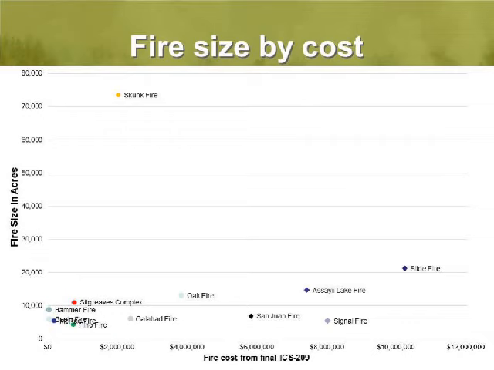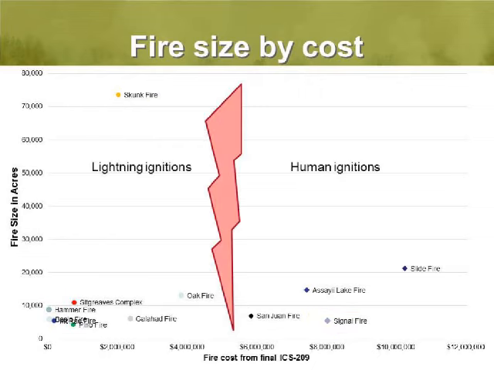We see things like the Skunk Fire burning a lot of acres and not costing nearly as much, and other fires like the Signal Fire burning not all that many acres but costing substantial dollars. I think often this is related to proximity to the WUI, but it's also related to the ignition source. Fires that were human-ignited tend to cost more.